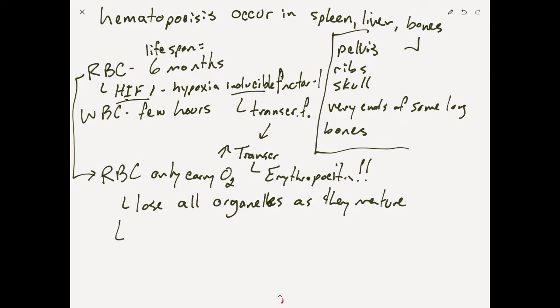The only thing they have is a protein that they're packed with called hemoglobin, and they have tons and tons and tons of hemoglobin. So it's very important for blood to be as packed as possible with red blood cells, because the primary reason that we have blood is to carry oxygen.